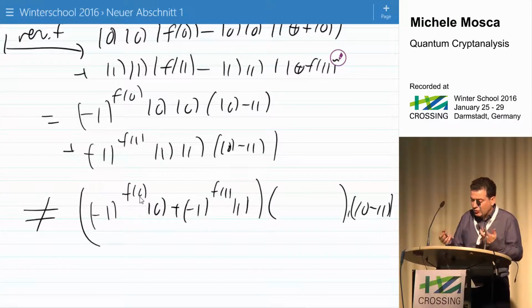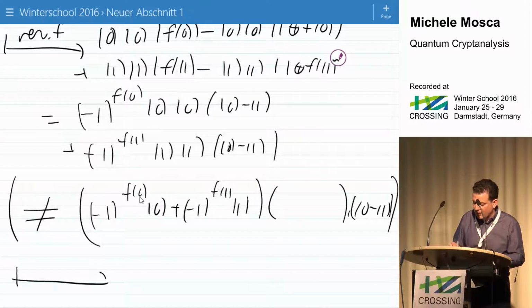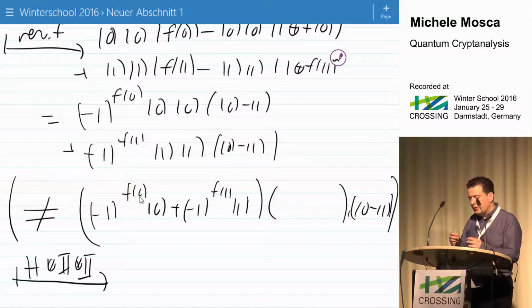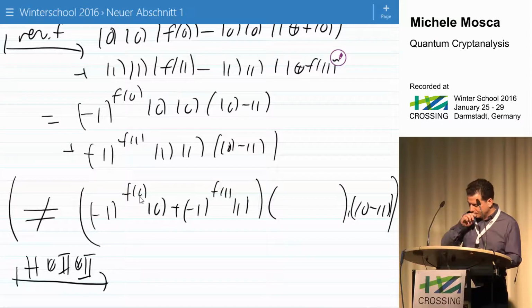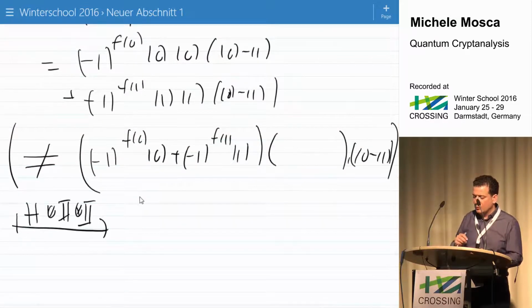That's not equal to this pretty state, and if you try to do the Hadamard tensor the identity and everything else, and you measure, you'll notice you get a 50% chance of seeing 0 and a 50% chance of seeing 1. So it just doesn't work.